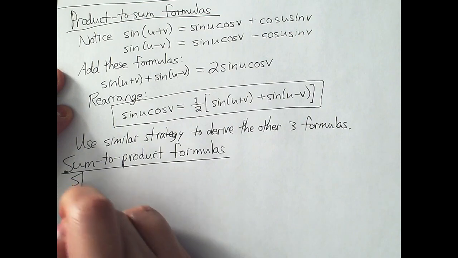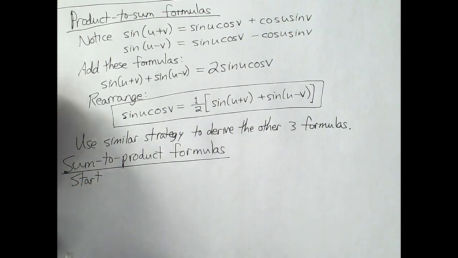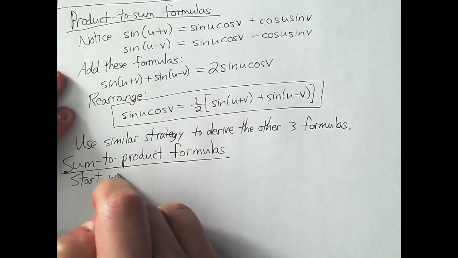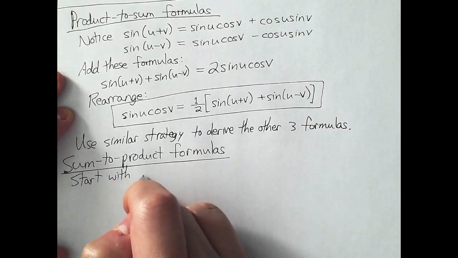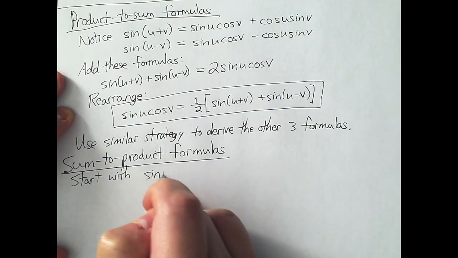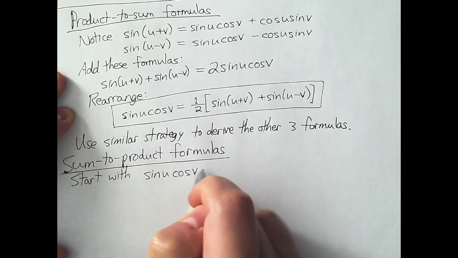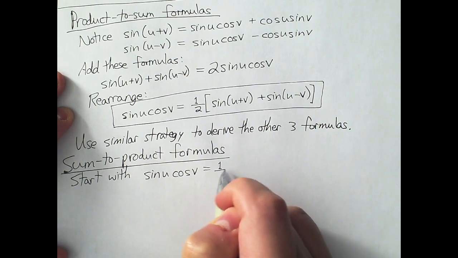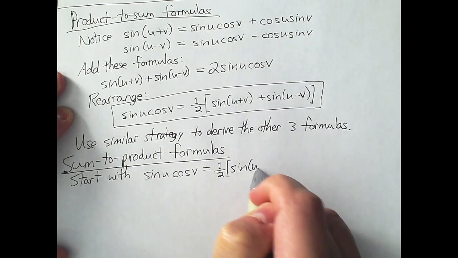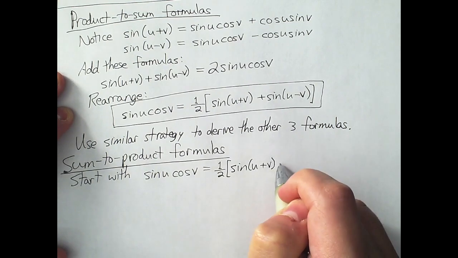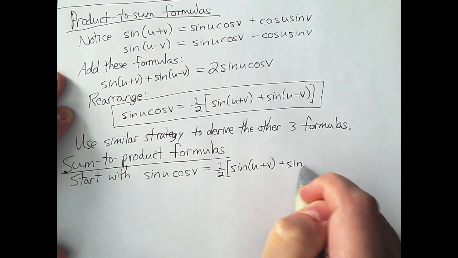So for this, with a lot of identities, you start with some identity and then you do something to it. What we're actually going to do is start with the thing that I just wrote above. And you see, one of the things about math is we try to derive things in a specific order.